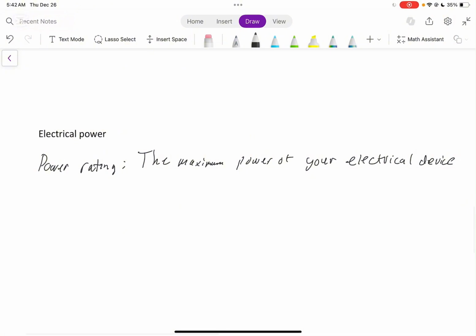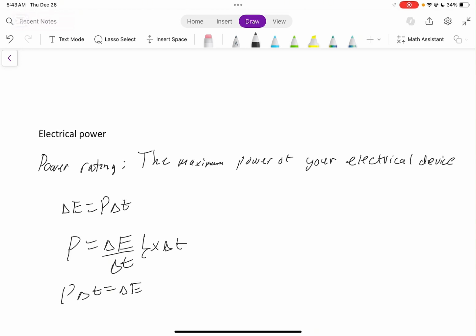So a formula that we might need to use is delta E is equal to P times delta T. And how do we get this formula? Well, if you remember our old formula for power, P equals delta E over delta T, if you want to rearrange to get delta E, we just multiply by delta T, and power times time is equal to our energy. Why is this important?